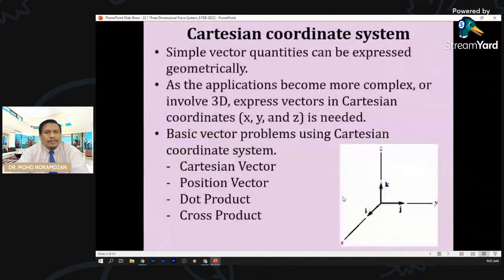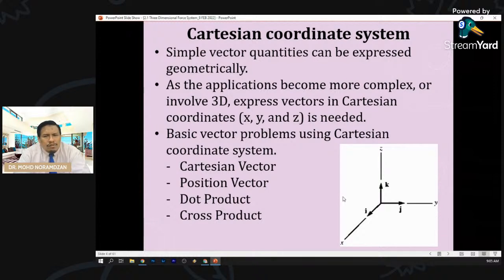Okay, introduction. Cartesian coordinate system. Simple vector quantities can be expressed geometrically. As the application becomes more complex or involves 3D, expressing vectors in Cartesian coordinates x, y, and z is needed.